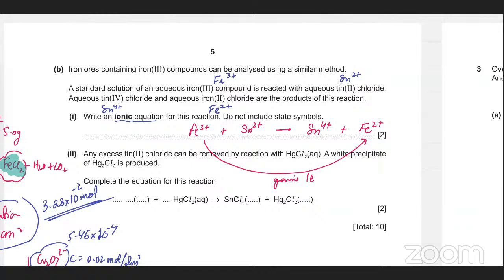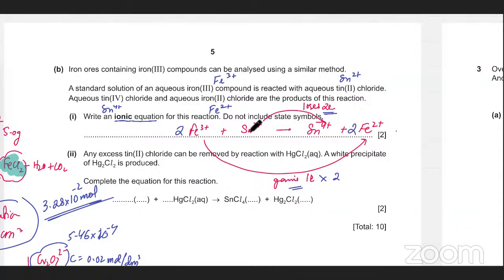But the thing with charge-wise balancing is that you can't always rely on that, which is why I always go for electrons. Just make the number of electrons gained and lost equal. So Fe3+ is gaining 1 electron, goes to Fe2+. Sn2+ loses 2 electrons. So you just multiply Fe by 2 so that the number of electrons gained and lost are equal.